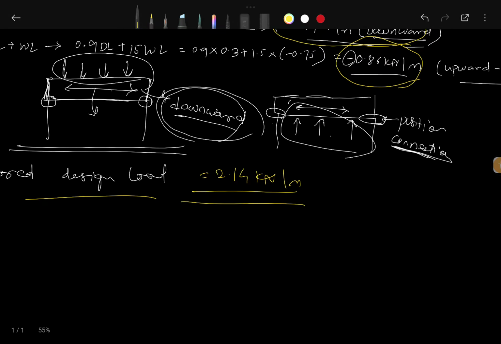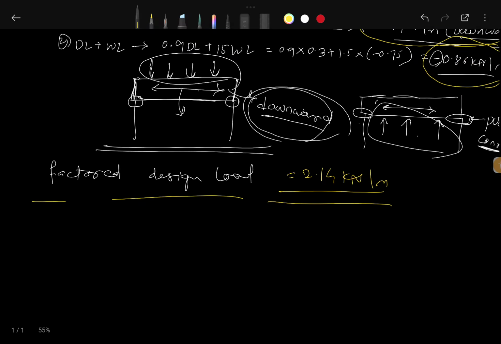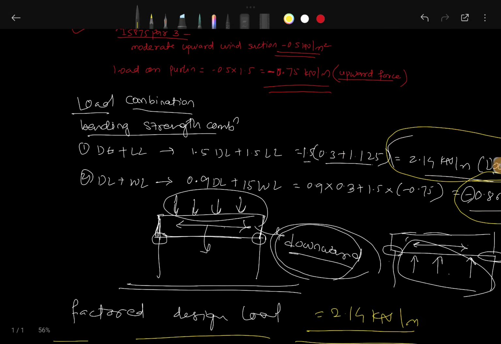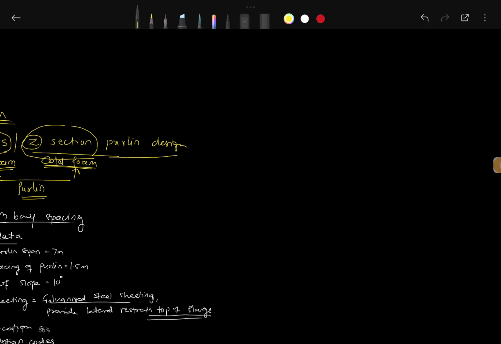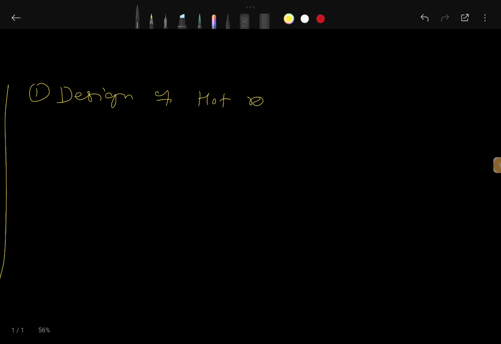Now we start with the first purlin design, that is the design of hot roll SHS purlin.